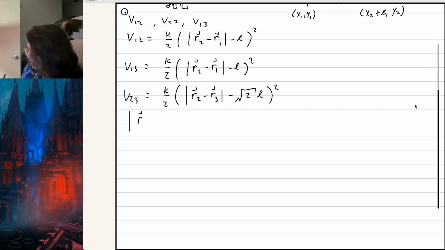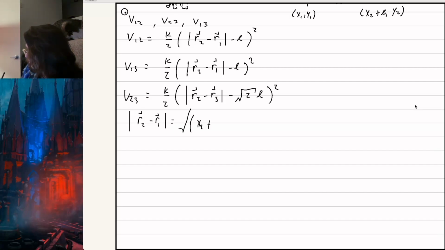R2 minus R1, we know how to calculate these. This is just (x2 + L - x1) squared, that is how I've defined the positions of the masses, and then y2 minus y1 here. So the x difference plus the y difference, each squared, under a radicand.